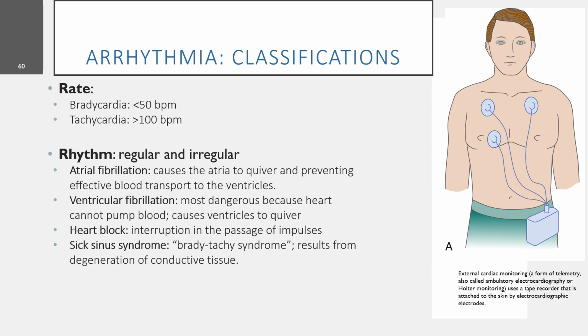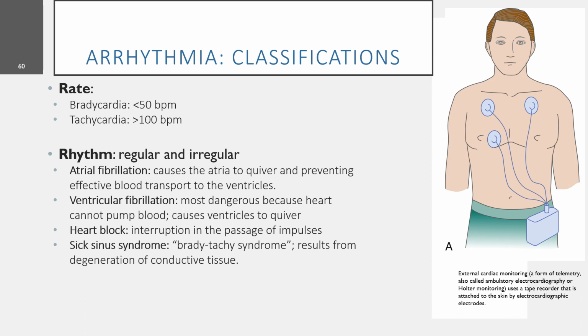Classifications of arrhythmias. A bradycardia is a heart rate less than 50 beats per minute. Tachycardia is a heart rate over 100 beats per minute. Atrial fibrillation is an irregular rhythm caused by the atria quivering, preventing effective blood transport to the ventricles.